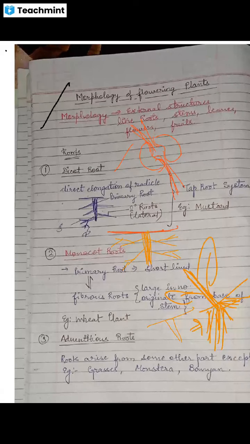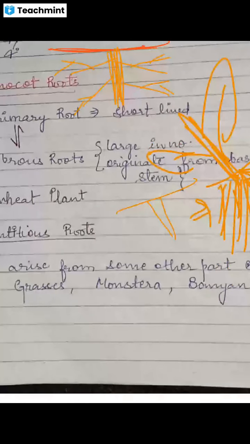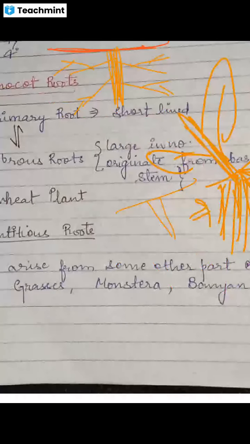Now, adventitious roots are those roots that arise from any part of the plant except the root. Examples are grass, monstera, and banyan tree. In the banyan tree, the tree is like this.